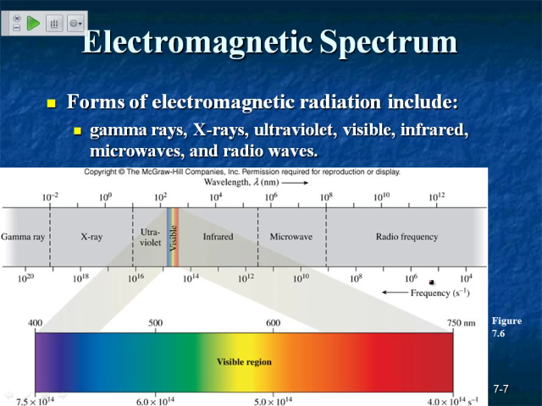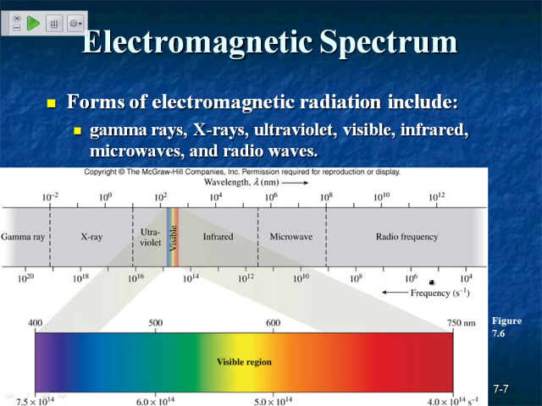So here is the full spectrum of electromagnetic radiation, and these are the forms of electromagnetic radiation that you would see. It includes gamma rays, X-rays, ultraviolet, visible light, infrared, microwave, and radio frequency.